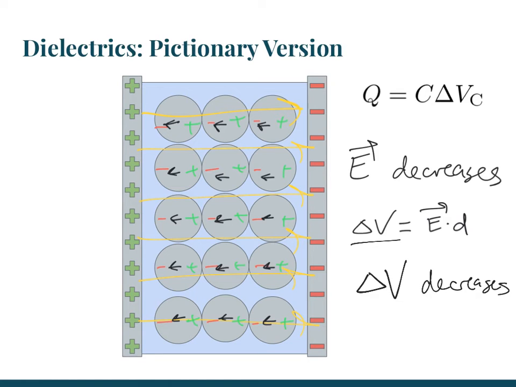And if we rewrite this in a better way, so it's actually the constant of proportionality, capacitance equals charge Q over delta V, you see that if V decreases and Q stays the same, capacitance has to increase, and Q does stay the same because we're not changing the charge. So the field decreases and the potential difference decreases, which makes the capacitance increase if you insert a dielectric.